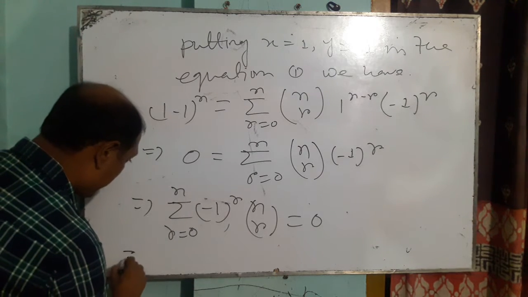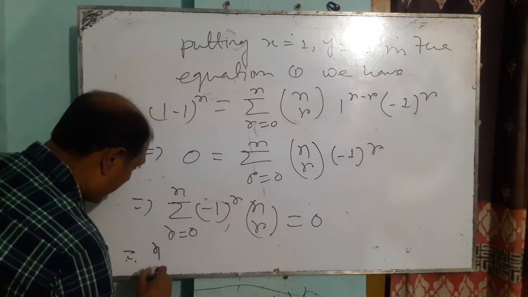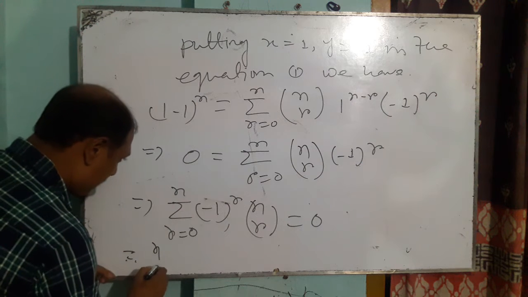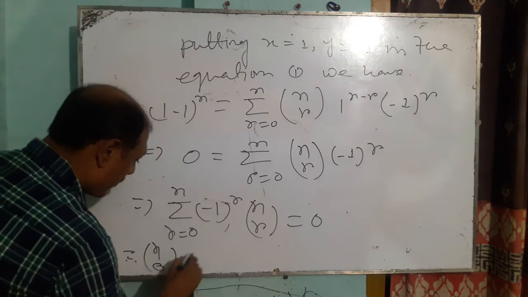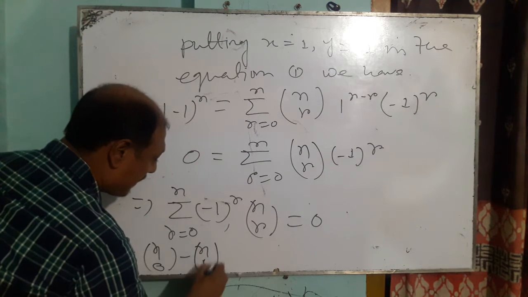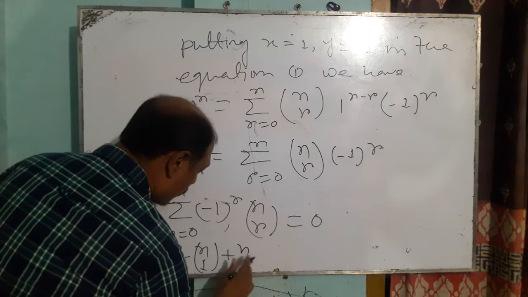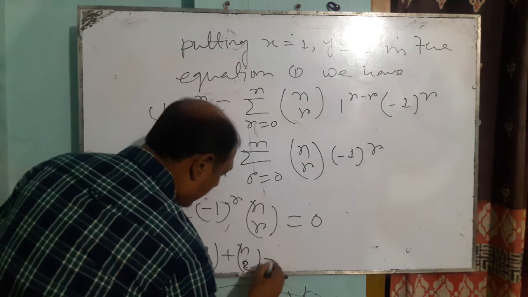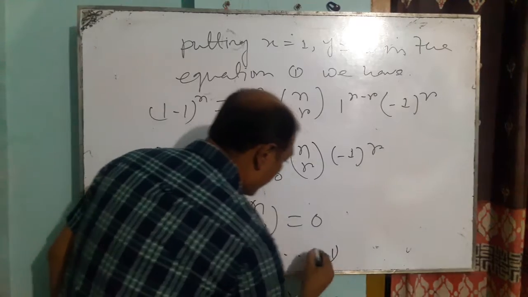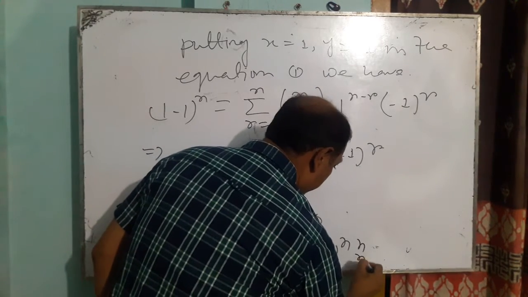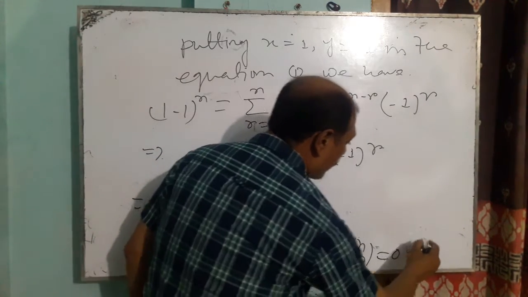This implies that nC0 minus nC1 plus nC2 minus dot dot minus 1 to the power n nCn equal to 0. Proved.